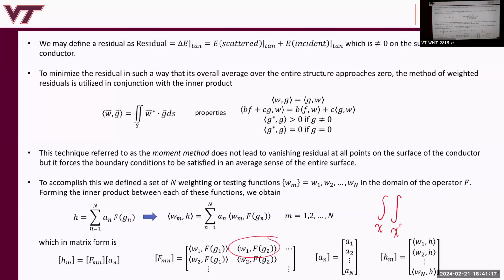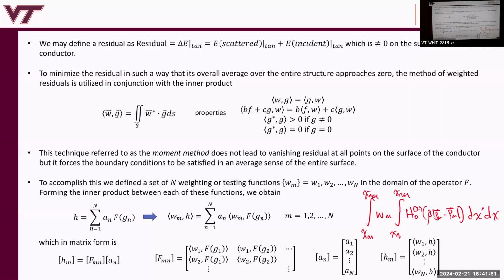Let me write it like this: x_m to x_m plus 1, w_m, multiplied by the integration of x_n to x_n plus 1 times f, which for pulse basis functions that are subdomain type, we found as H0 of beta times rho_m minus rho_n, dx prime and then dx, right?